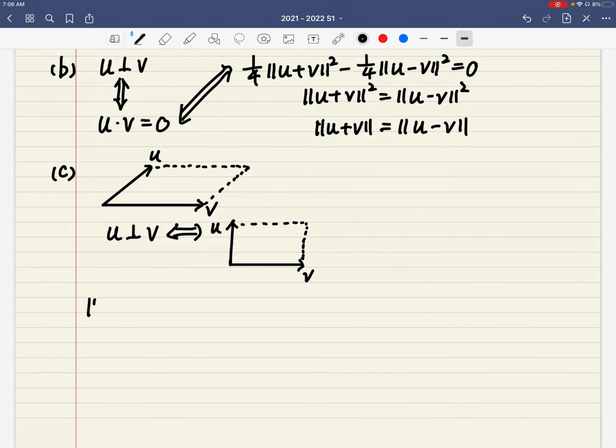And what's the meaning of the length of U plus V being equal to the length of U minus V? First, what is U plus V? What is U minus V?